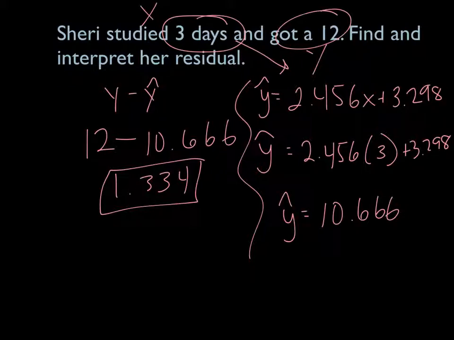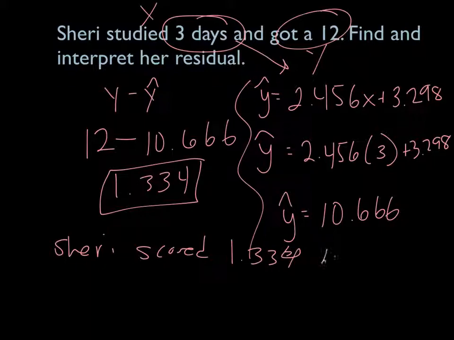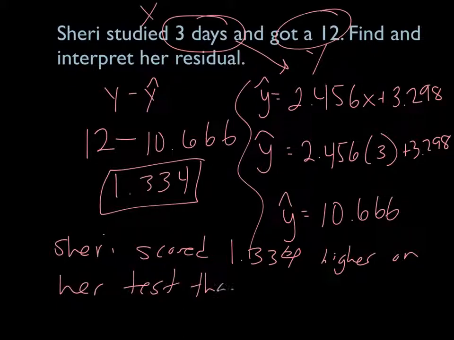So we would write something like this: Sherry scored 1.334 higher on her test than we would predict. So that's a residual. That's how you find them. And it's basically a measure of how far off your prediction was from the actual value.